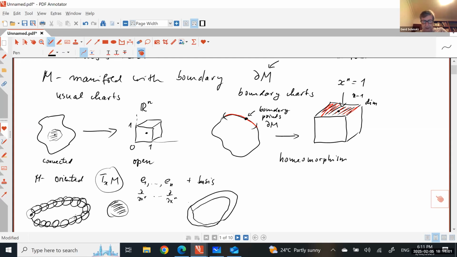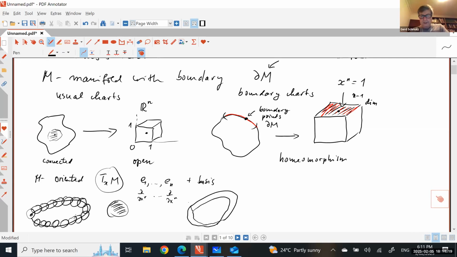We can cut it into pieces with some overlap, and it would be a perfect manifold with two charts.